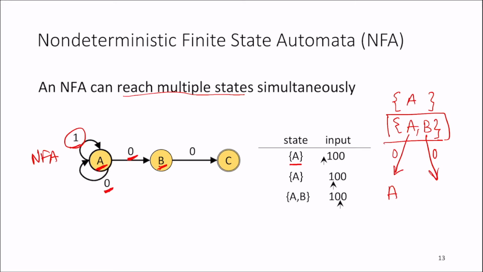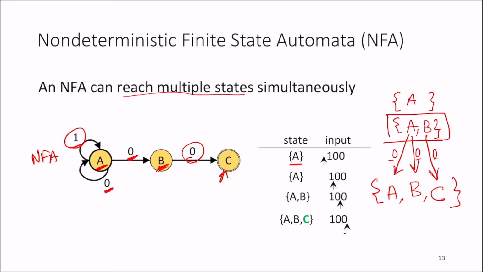So A, remember, has 2 transitions out of A on 0. One of them goes back to A, the other one goes to B. So from A, I can go on a 0 to A and B, and from B, I can take this transition and end up at C. If I was in either A or B and I see an input 0, where can I end up? Well, I can end up in either A or B or C. And that's our new set of states that we can end up in.